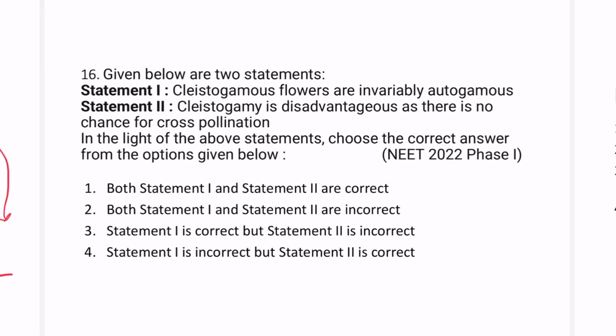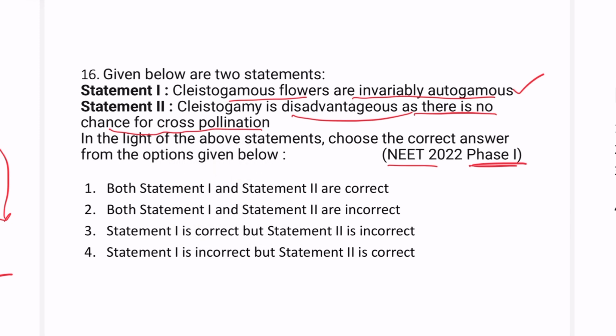The next question is again from NEET 2022 but from phase 1, and this is a statement based question. Now if you look at both the statements, statement 1 says that cleistogamous flowers are invariably autogamous. Yes, this is the right statement because the only type of pollination seen in these flowers is self-pollination, so they are invariably autogamous. Cleistogamy is disadvantageous as there is no chance for cross-pollination.